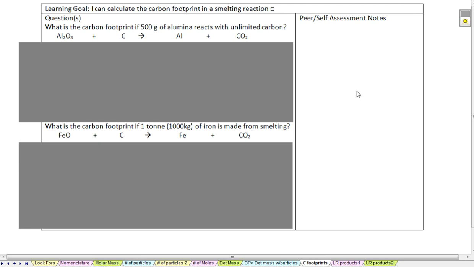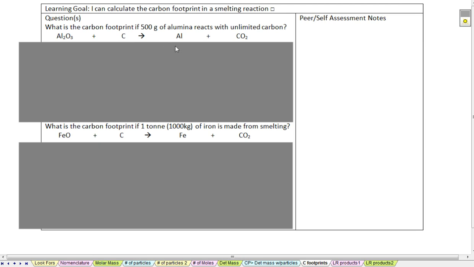So what we're going to look at first, our first learning goal, is I can calculate the carbon footprint of a smelting reaction. Smelting reactions are whenever you take an ore, which is typically a metal combined with oxygen, or sometimes metals combined with sulfur that you find in the ground, and you react them with carbon, typically coal or graphite.